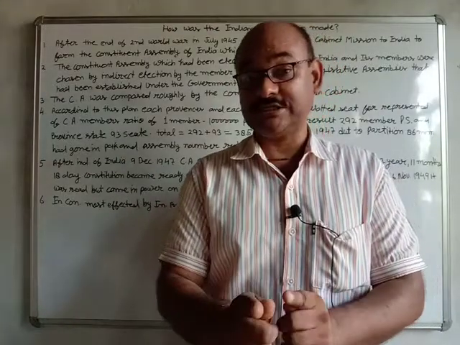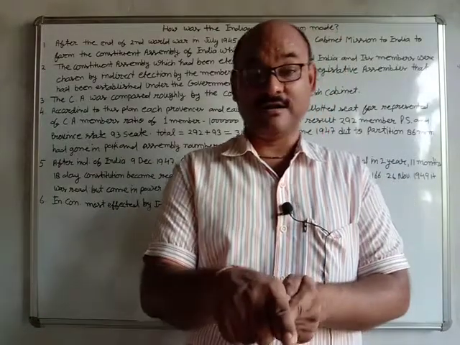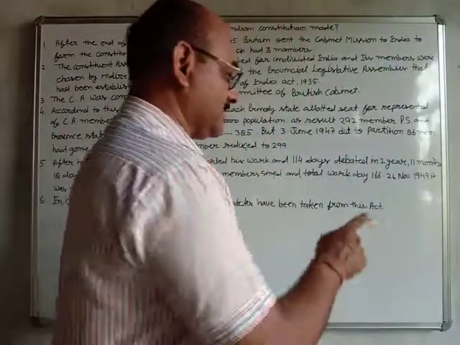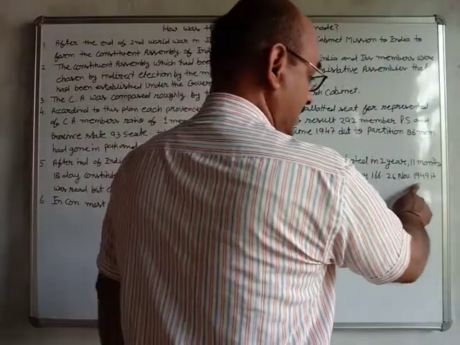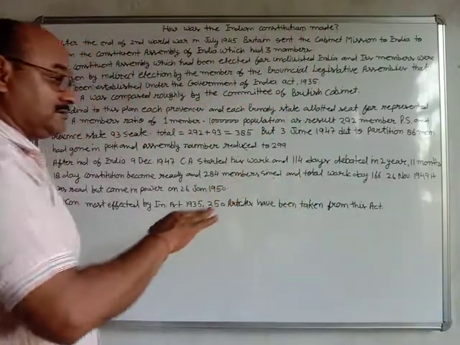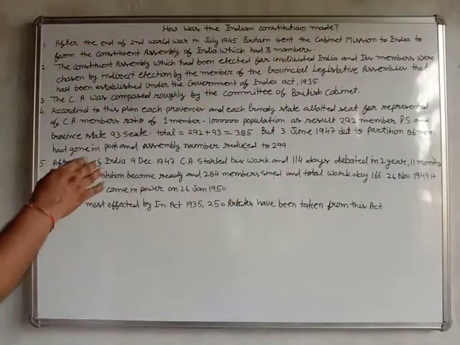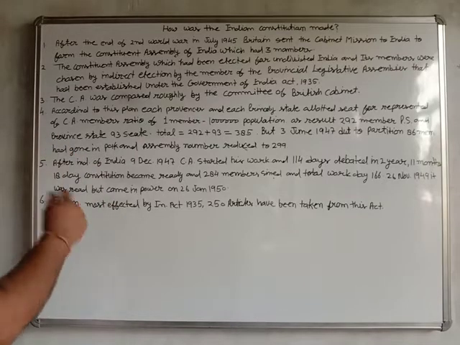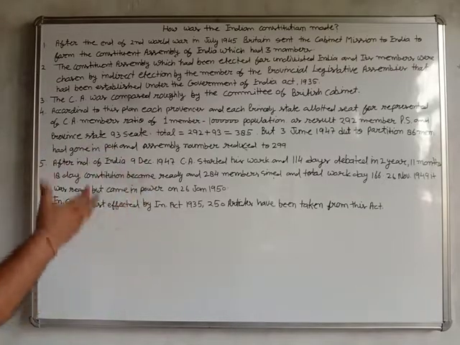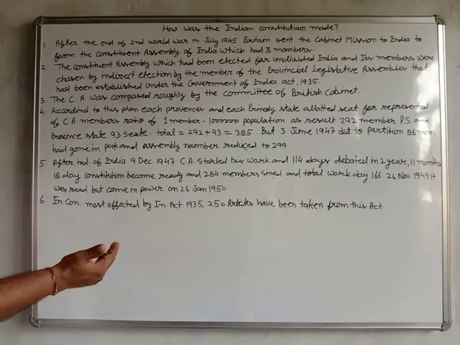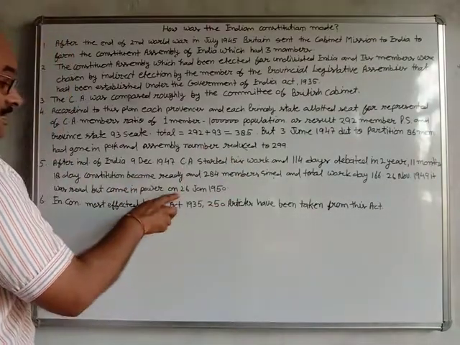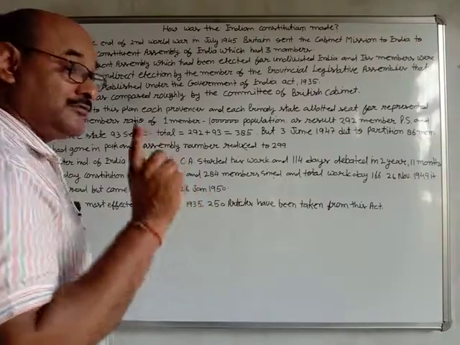So the importance of 26 January remained. For this reason, when the constitution became ready on 26 November 1949, the Constituent Assembly, having realized the importance of 26 January, took the decision: we will implement our constitution on 26 January 1950 due to its historical importance.